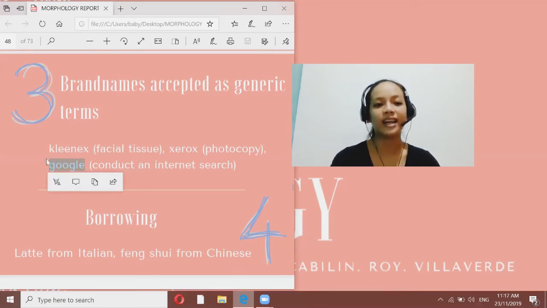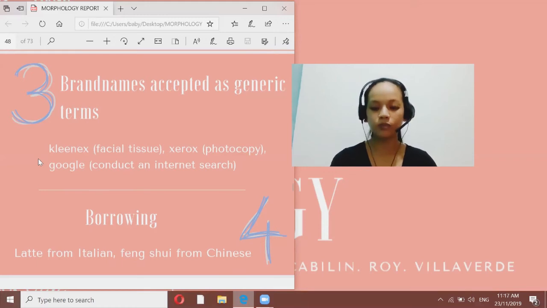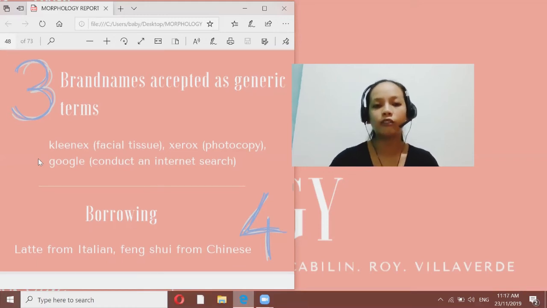We say it instead of saying we will conduct an internet search. There are a lot of brand names that are accepted as generic terms, which may be unfamiliar to us that they came from brand names.